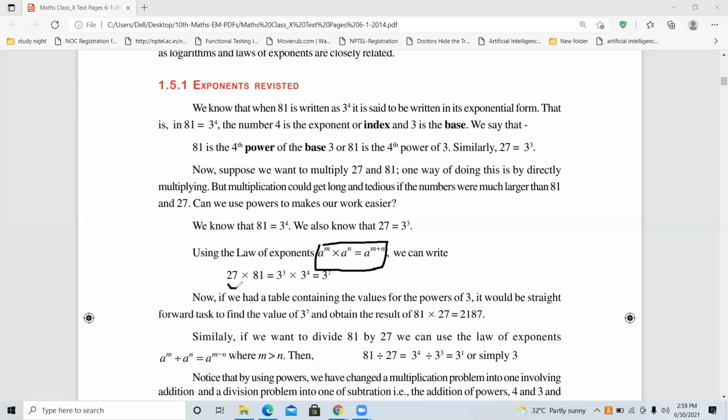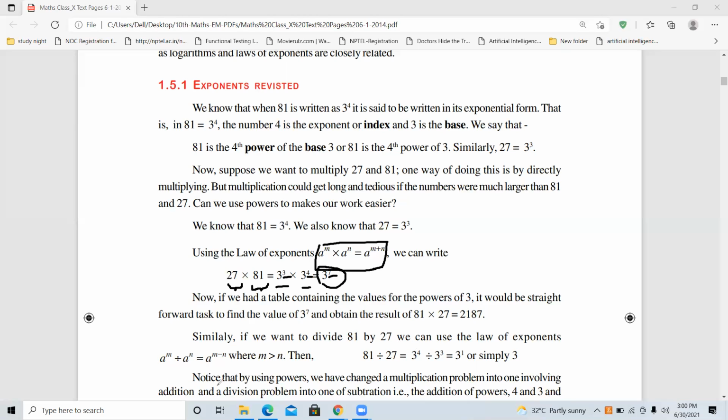We can write the exponential form of 27 as 3 power 3 and the exponential form of 81 as 3 power 4. Since the bases are equal, we must add the exponents. When we add the exponents, the value will be 7 and the total value will be 3 power 7. In this way, we have to apply the first law of exponents.